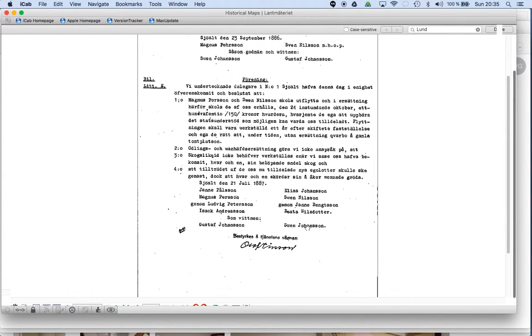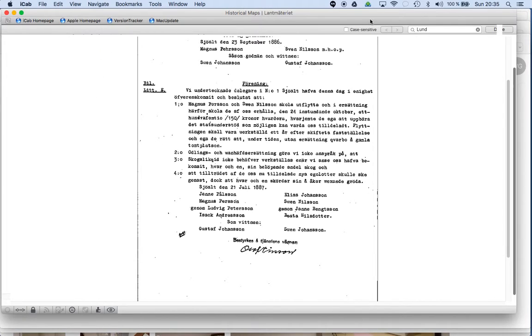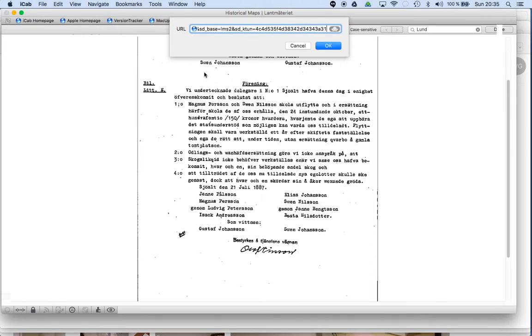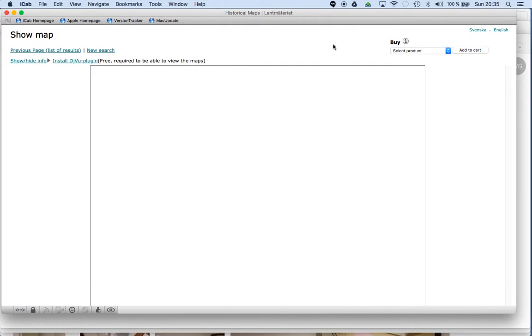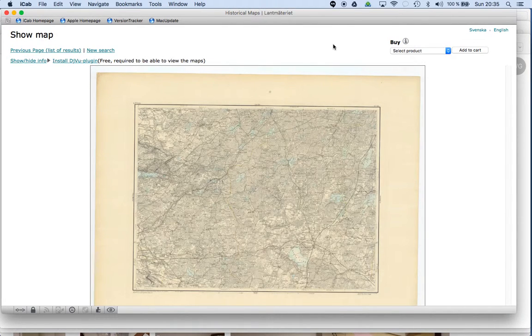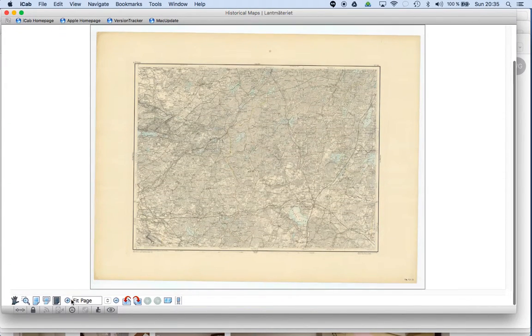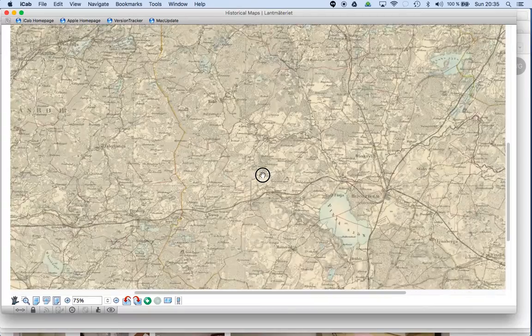This is the people who have signed the document. So this must have been rewritten. They didn't have a typewriter at that time. Oh. So here, but this map is not so interesting, I think. Have we learned where the place is?